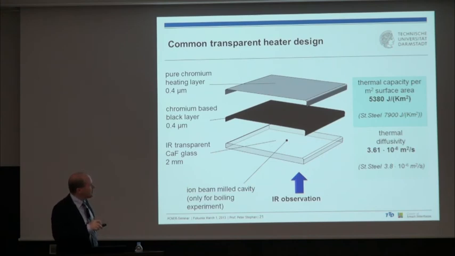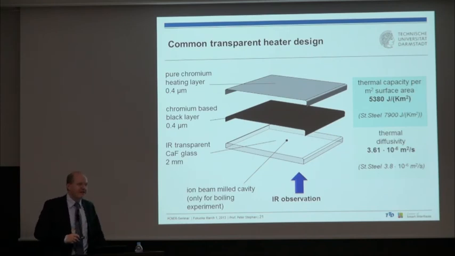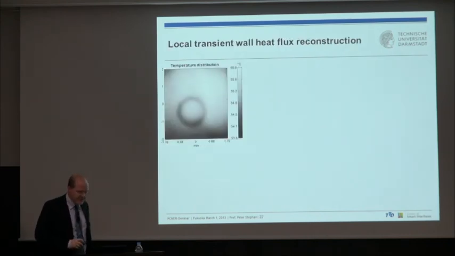And if I calculate the thermal diffusivity of this setup here, it's also even closer to that of stainless steel. So what I basically have with this configuration is a heater that behaves like stainless steel, but it's infrared transparent. And this is something very nice. I always wanted to have a transparent metallic heater, and this is something very similar, it behaves like a metallic heater, but it's transparent.